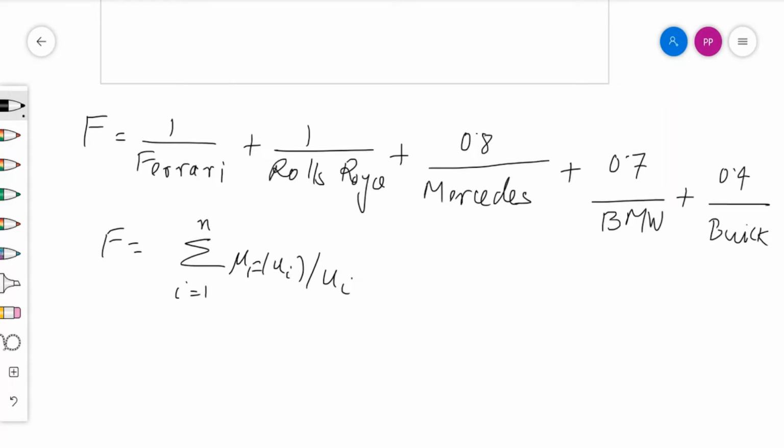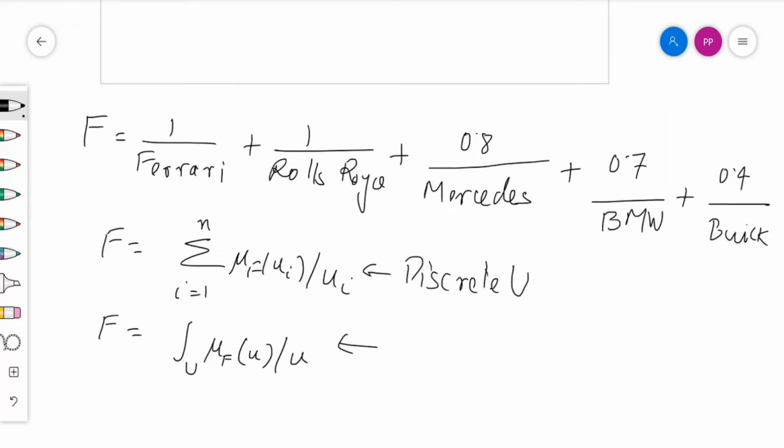For that, the fuzzy set can be defined as the integral over the universe of discourse capital U, of mu subscript F of small u divided by small u. In this way we can represent the fuzzy set both for discrete capital U and for continuous capital U.